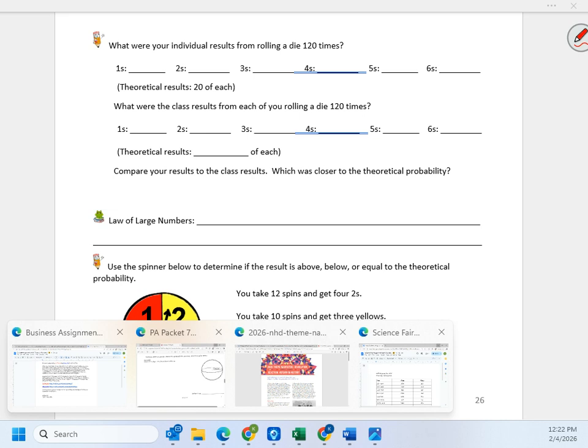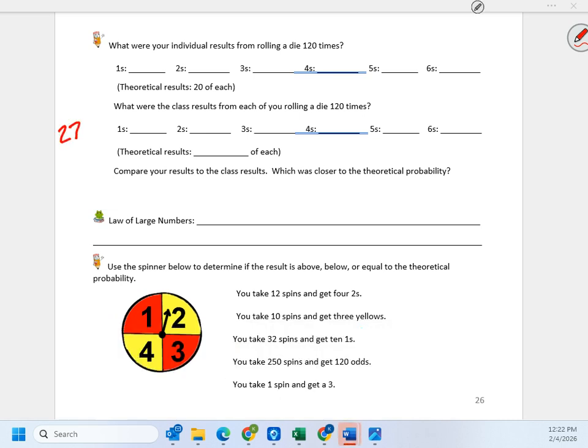We have to change theoretically what the class should get, because I accidentally had Evelyn on there. So the class should have gotten 2,640 total rolls.